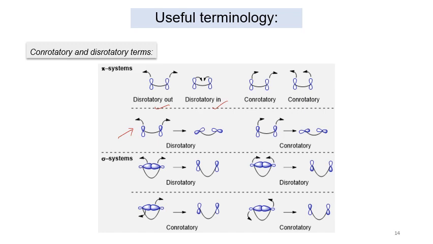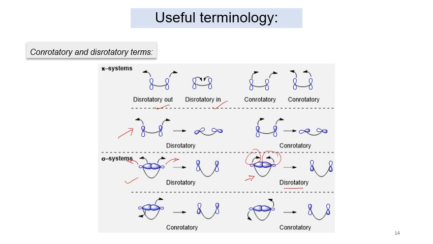For the sigma systems also, the same terminology is going to be used. If they are going to move out in different directions or opposite senses, then this bond breaking will be a disrotatory process. Whereas in this case, if you are seeing here, again we are moving these in opposite senses and we are having the bond breaking in a disrotatory manner.